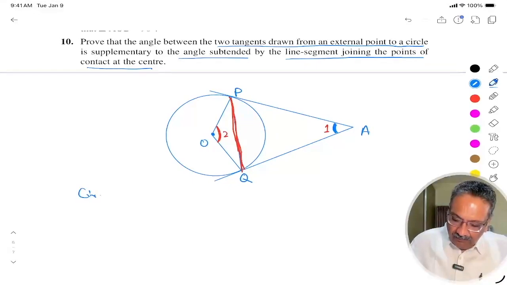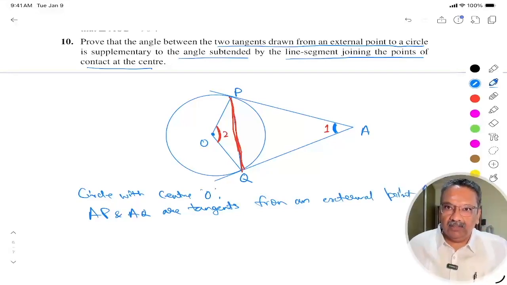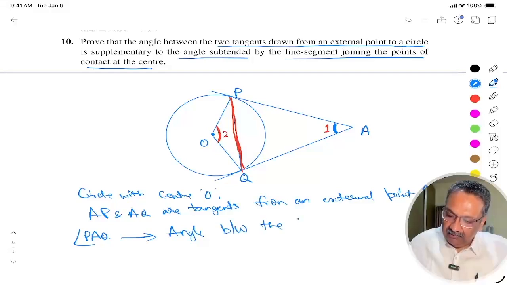Circle with center O, right? AP and AQ are tangents from an external point A. Okay, now angle PAQ, what is this? It is the first sentence: the angle between the two tangents.